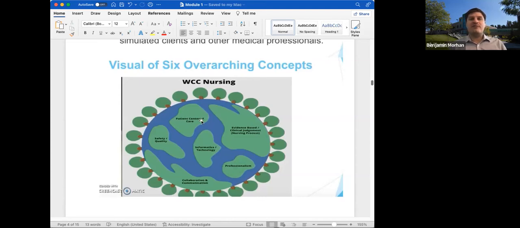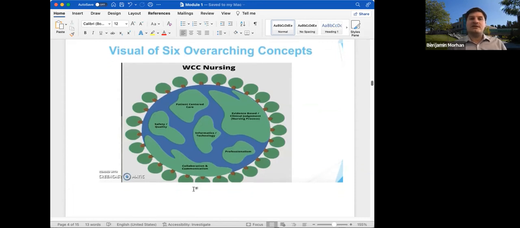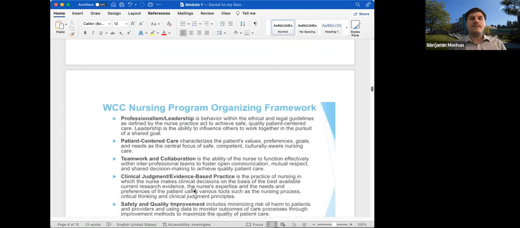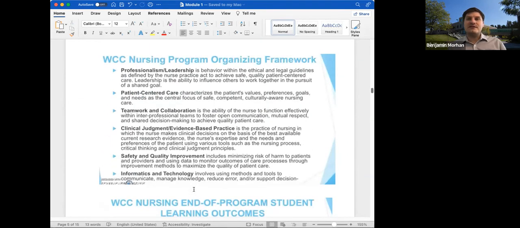So this is a quick visual of the 6 overarching concepts. As you can see, we have patient-centered care, evidence-based practice, safety and quality, information technology, professionalism, collaboration, and communication. Like I said in previous micro lectures, look at the nursing program handbook, right? That is all the policies, everything you need to know about the program.